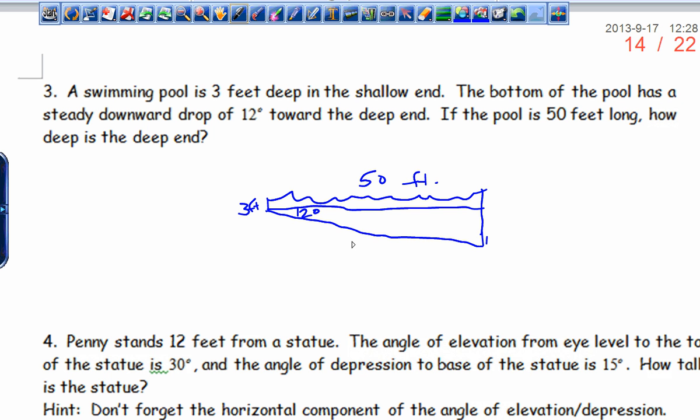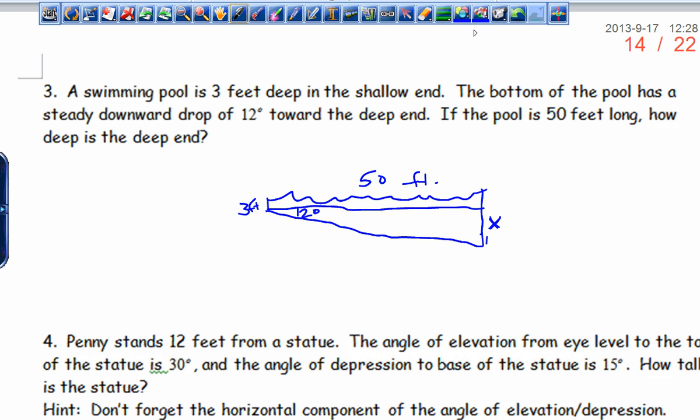I want to know how deep the deep end is. So how deep is this X? Am I going to be using 3 at all? Yes, at the very end, right? But not right now. I want to figure out what X is. Opposite over adjacent.